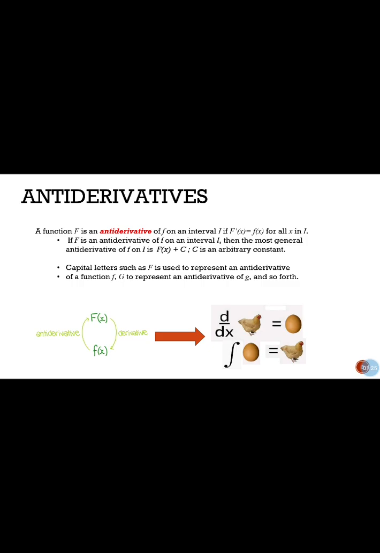A function F is an antiderivative of f if F prime x equals f(x). I will make it simpler for you to understand. This can also be represented like this. The antiderivative is always termed as capital F(x).